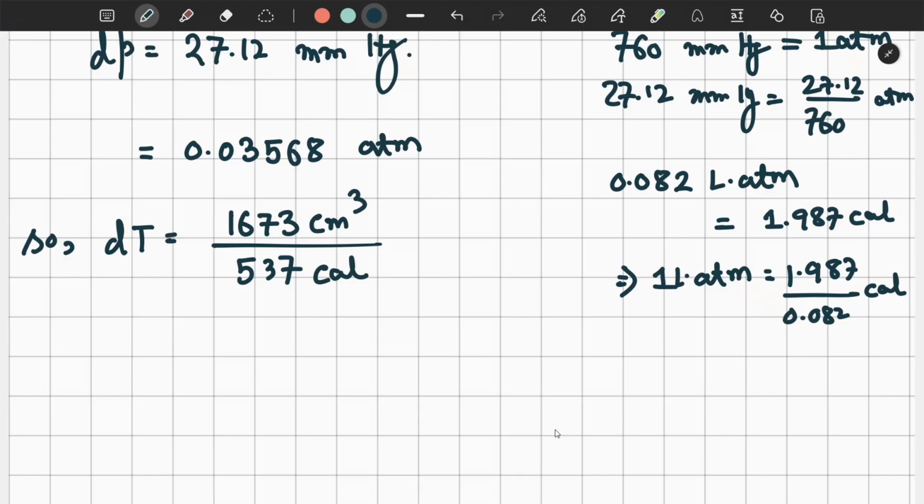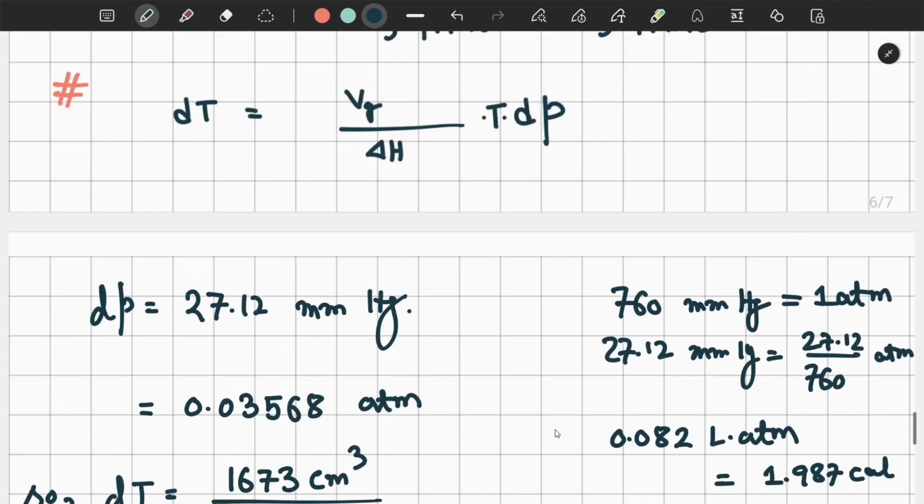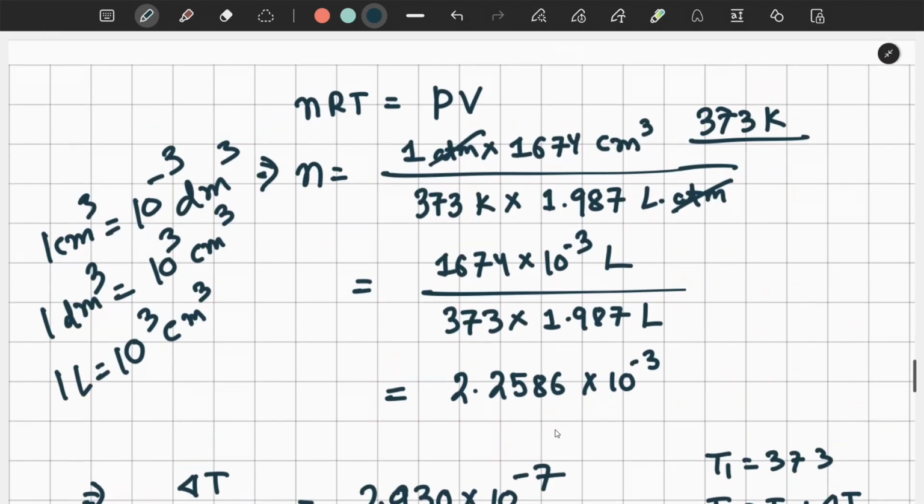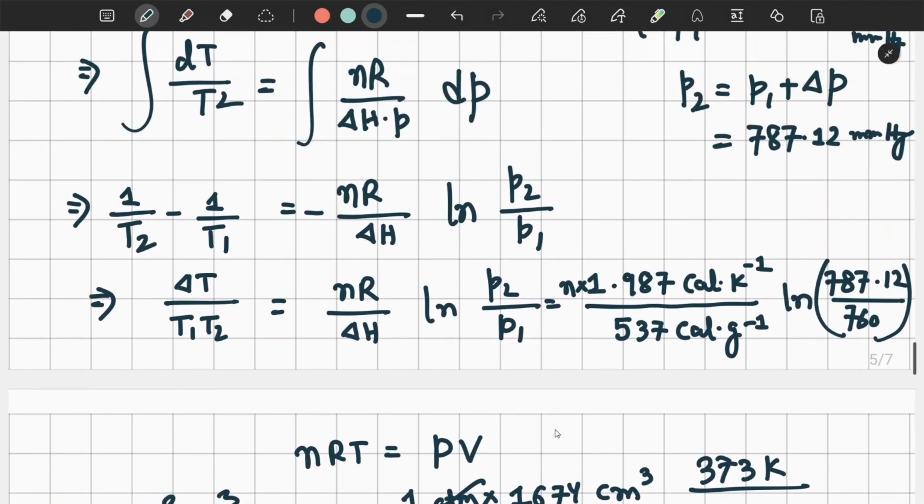Yes, that gram we have missed, I think. That is also okay, as per gram is there. That's why this happens. This is per gram, so here we have to multiply.